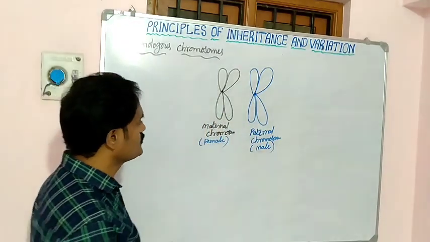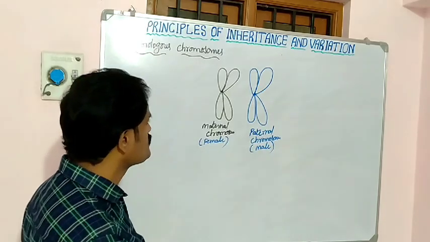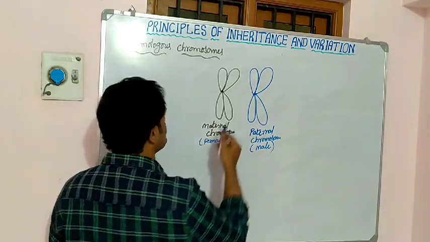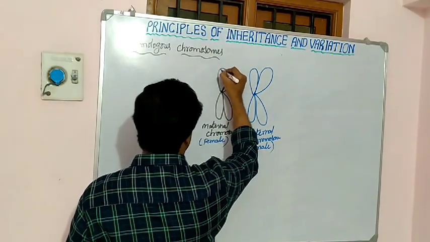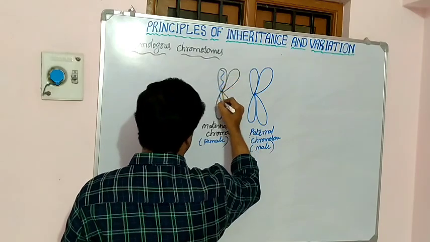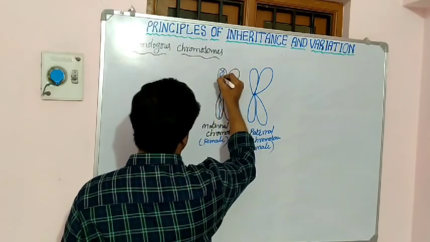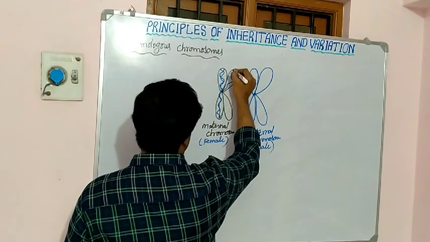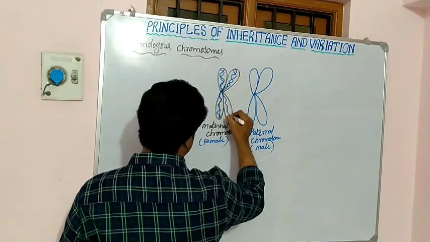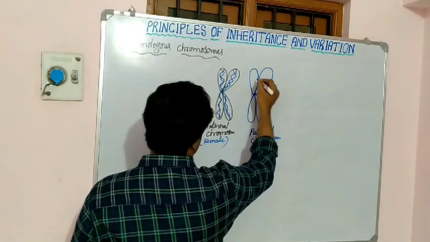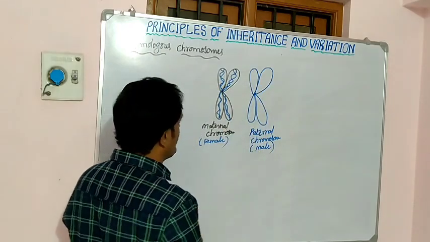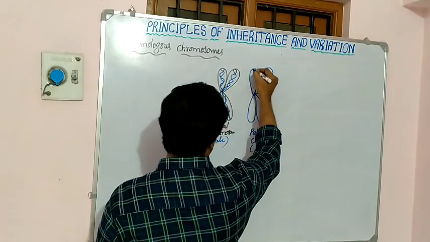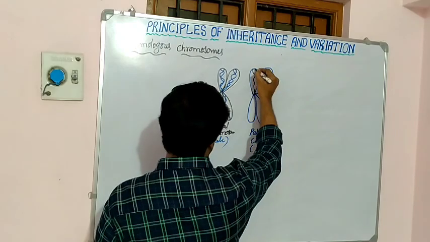You already know very well that the chromosome consists of DNA inside, double stranded DNA like this. Here the paternal chromosome also has double stranded DNA.